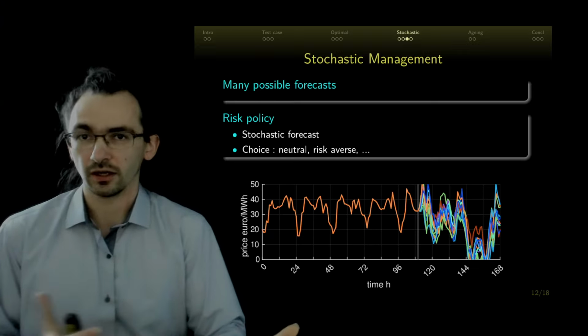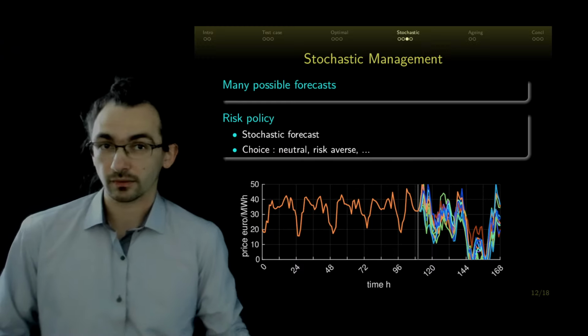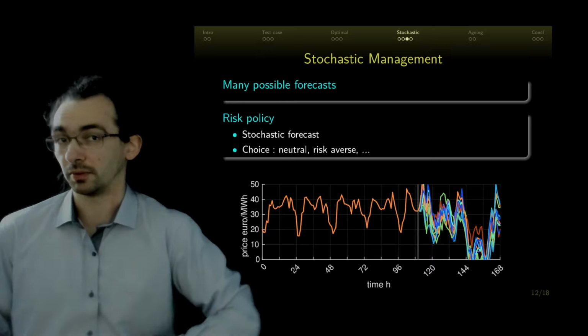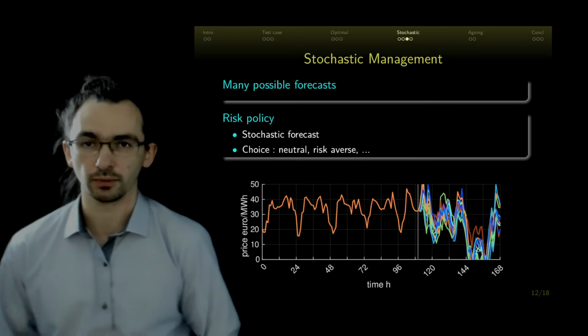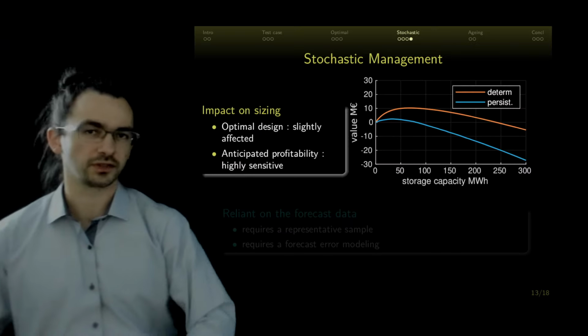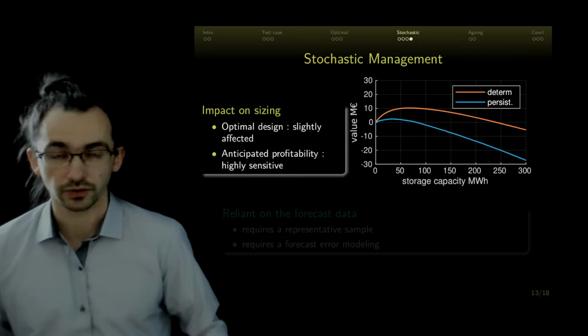So this is a risk policy question, which obviously is outside the scope of just a co-optimization problem. It is an input choice that I have to take into account in order to solve my co-optimization problem. And of course, all of this will have consequences on our co-optimization results.